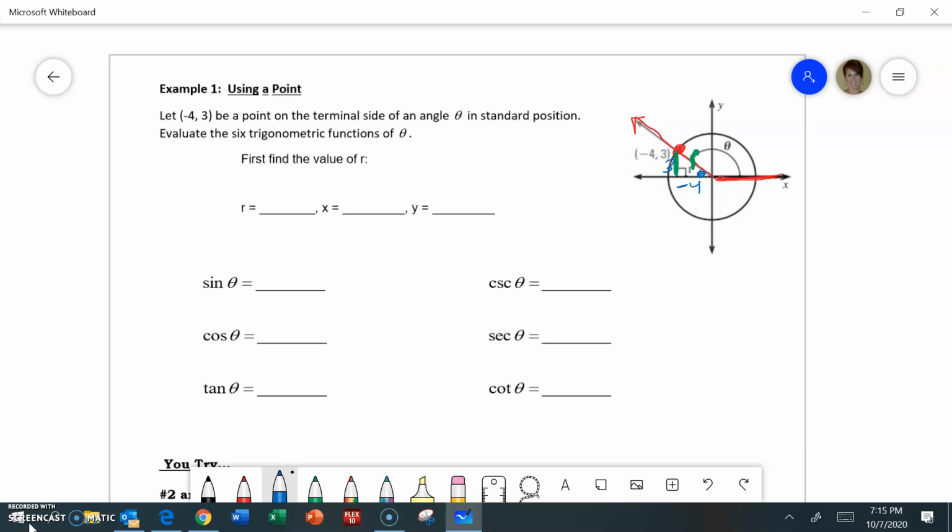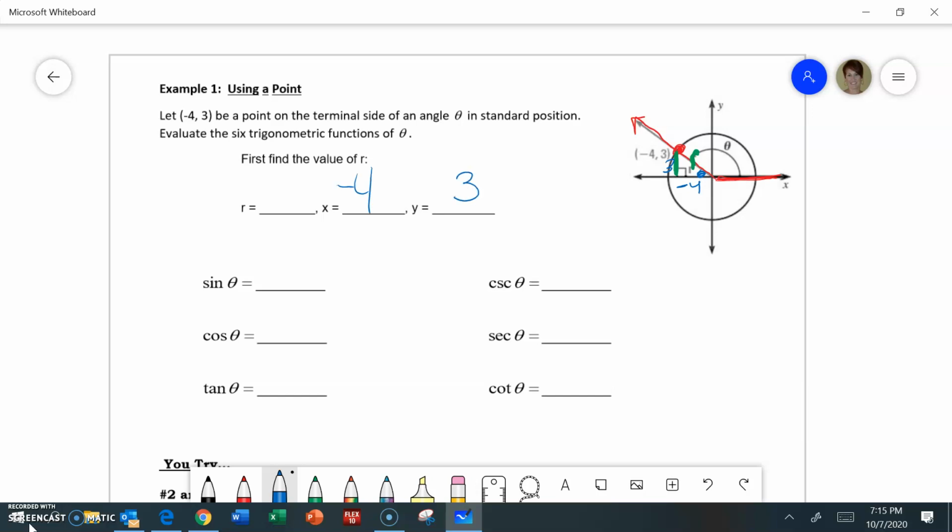So there's your theta. If we fill in what we know already, x is the x-coordinate, which represents the adjacent side. I know we can't have a negative length, but we're not really talking about a negative length. We're just using this reference triangle to help us. So the x-coordinate is -4 and the y-coordinate is +3.